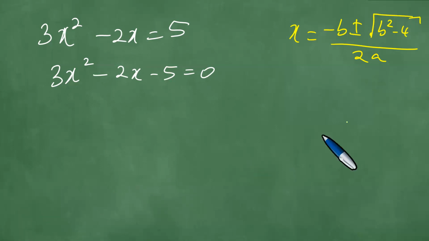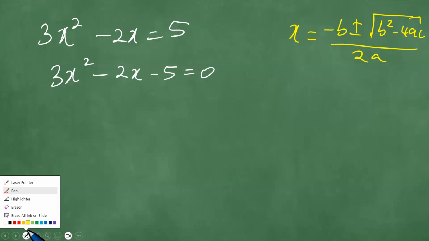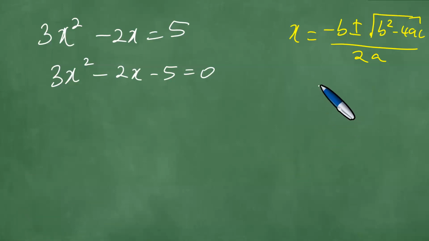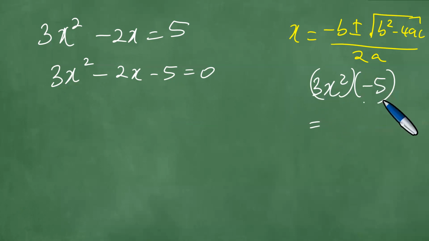What are those two numbers? Anyone? What is minus 3 by 5? It's minus 15x squared.